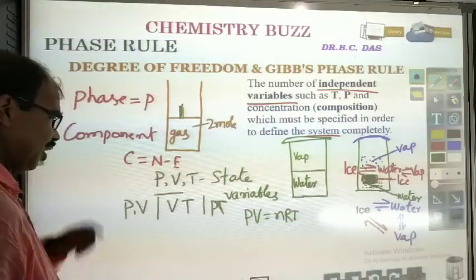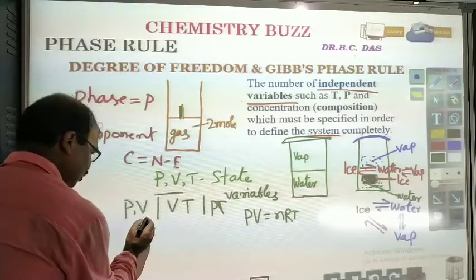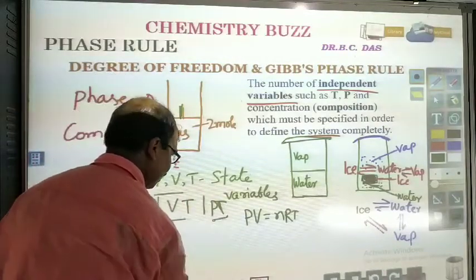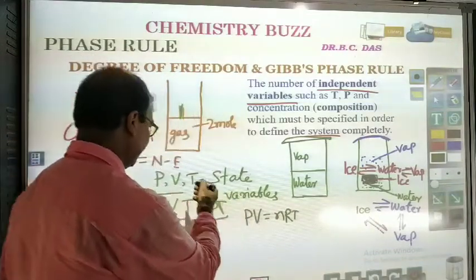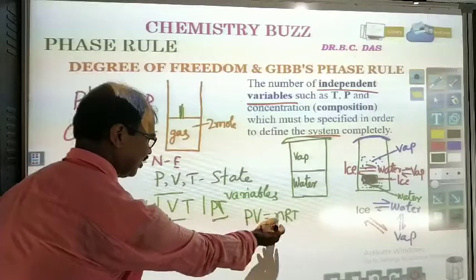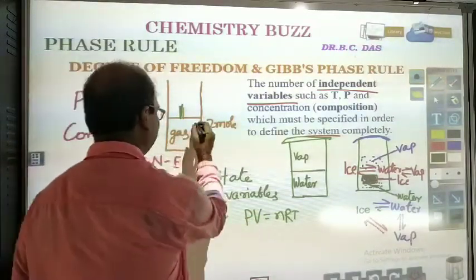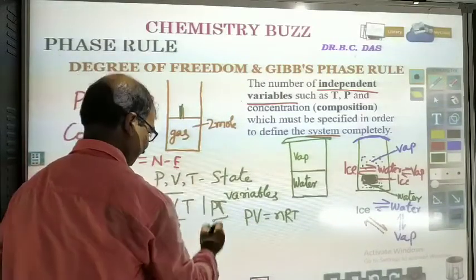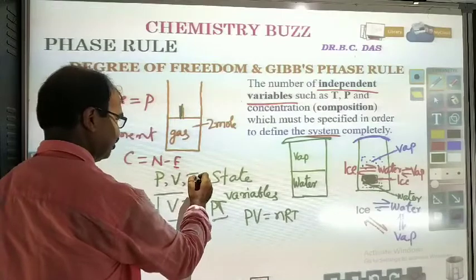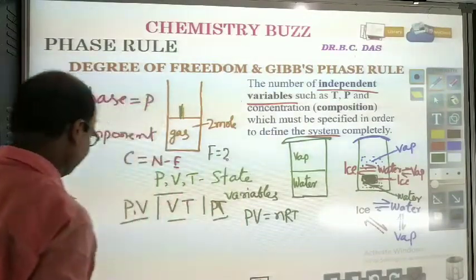So using this formula we can calculate the third variable. So these two are called independent variables, and the third one which we obtain from this relation is the dependent variable. So the number of independent variables in this case is 2. So the degree of freedom is equal to 2.